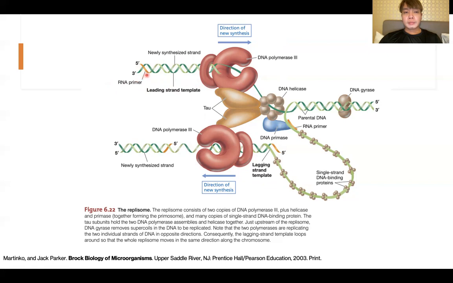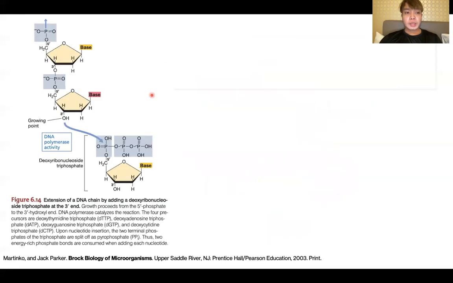So, at the end portion of the RNA primer, itong primer natin is made up of RNA nucleotide, at yung carbon number 3 of the ribose sugar of this RNA may OH group. So, kung mapapansin nyo, yung DNA polymerase, pwede lang siyang mag-add ng DNA nucleotide dito sa growing point or yung carbon number 3 na merong hydroxyl group.